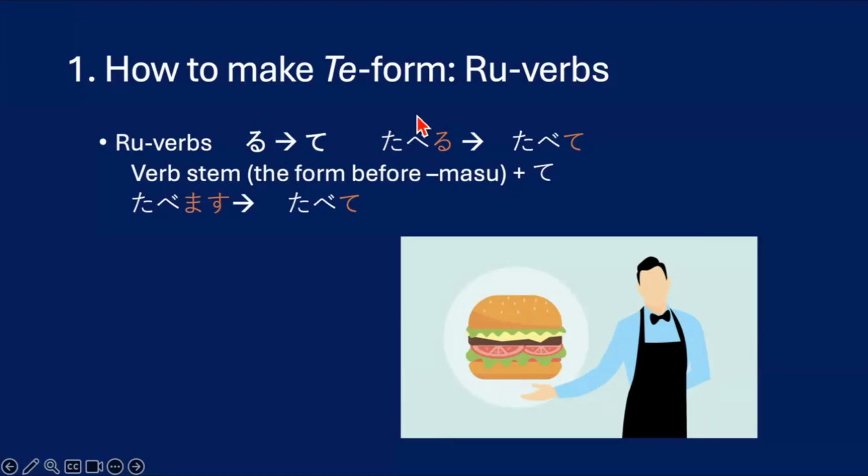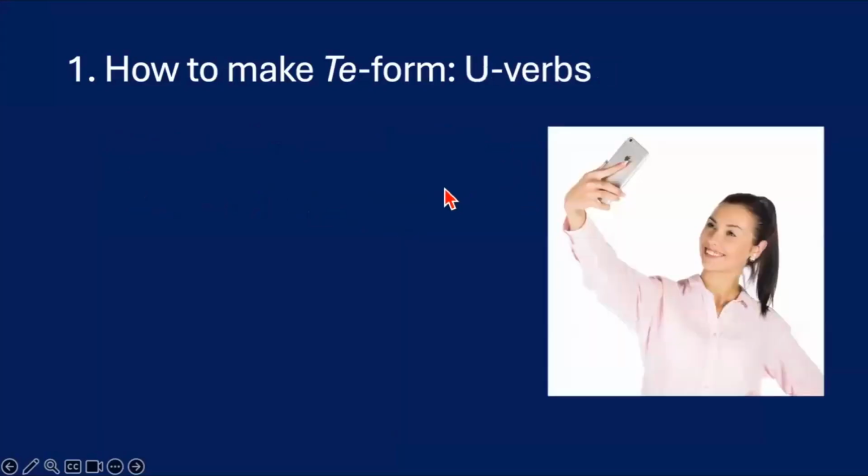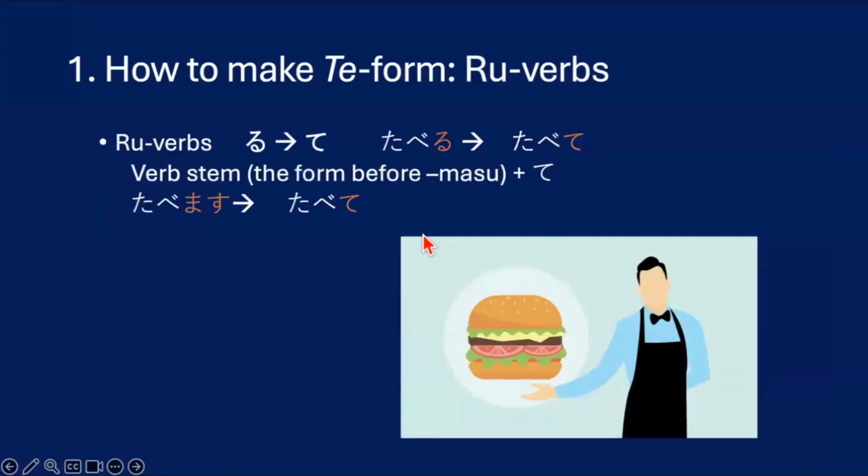And then you will have te form. Very easy. So taberu is to eat. Change this ru to te, tabete, then that is your te form. You can also use the verb stem. The stem is masu form minus masu. So that's tabe. In this case, it's the same, tabe, the form before masu. And if you add te, then you can also make te form.